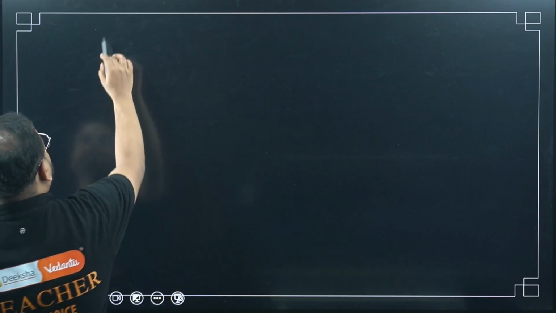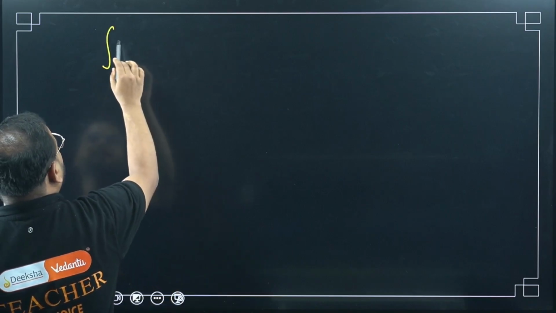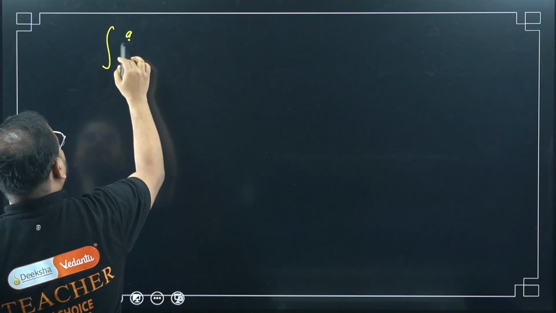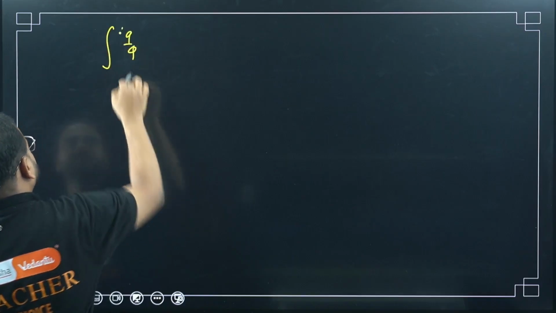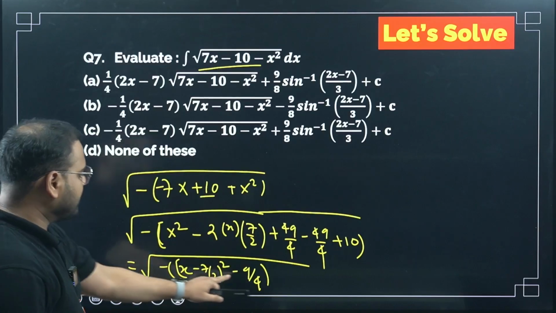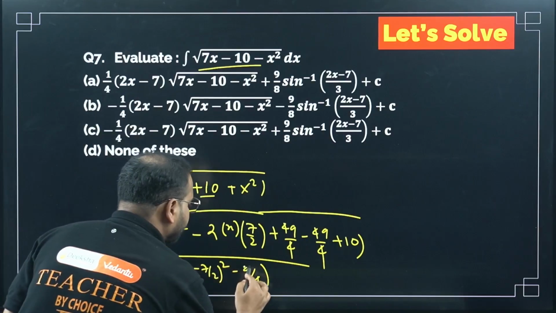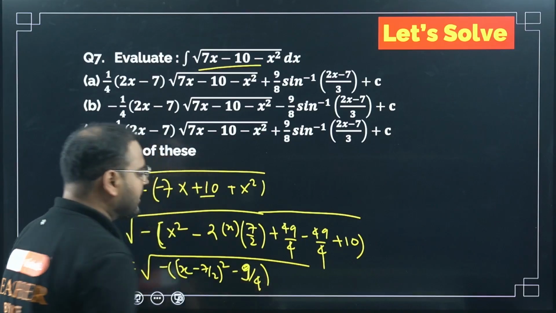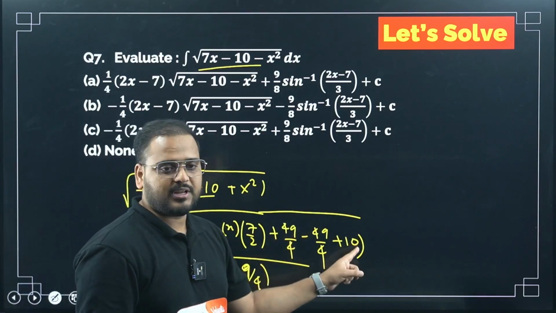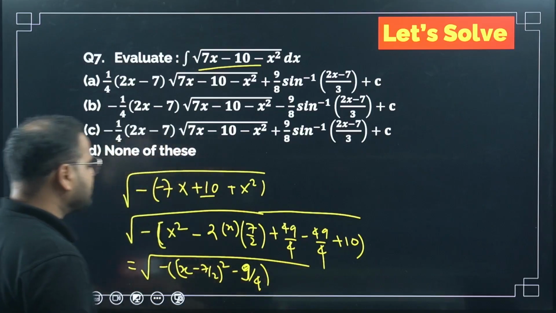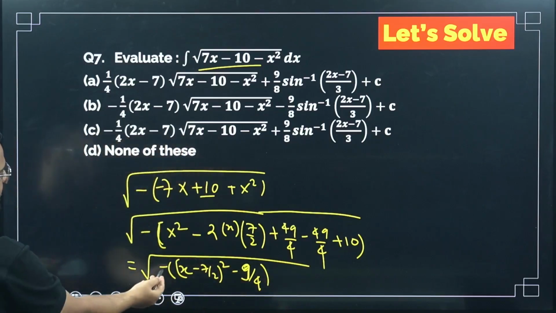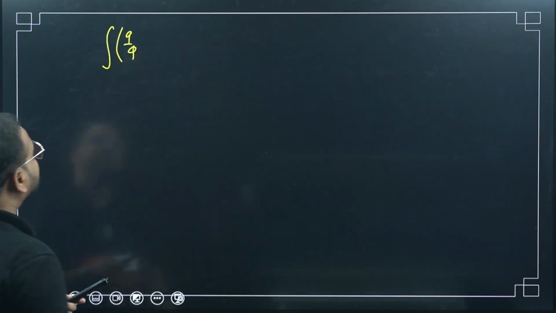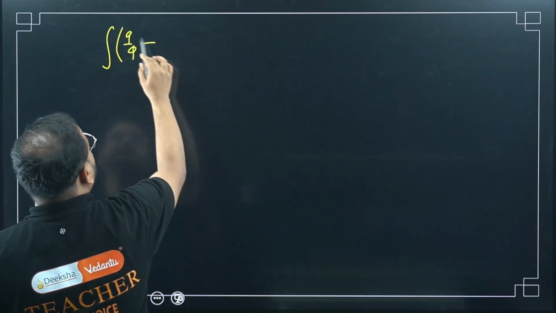If you open the bracket, 9 by 4 will be positive. Minus of minus will become what? This is 9. How 9, sir? Minus 49 plus 40 will be minus 9 only. So minus 9 by 4 will become positive because of this minus sign, and then this will become negative.